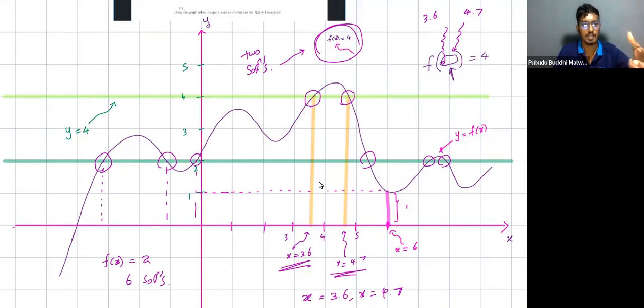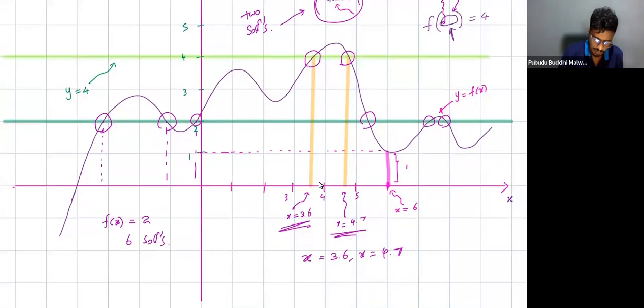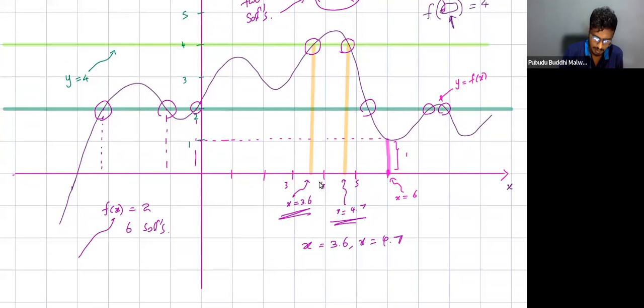For those x values you will get that required height. That's why we drew that horizontal line. I can fill this blank using those x values, for example minus 3.2, minus 1.1, like that.